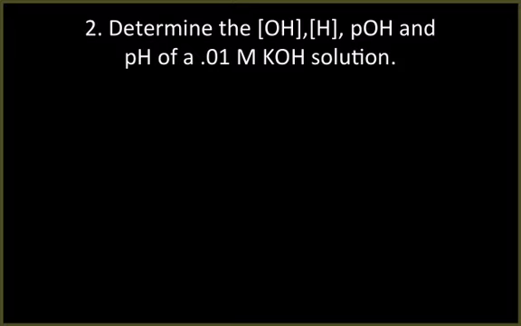Let's look at this problem. It says determine the OH, H, pOH, and pH of a 0.01 molar KOH solution. If we remember properly, we talked about strong acids and bases. Since this is a strong base, this is the same as 0.01 molar OH.